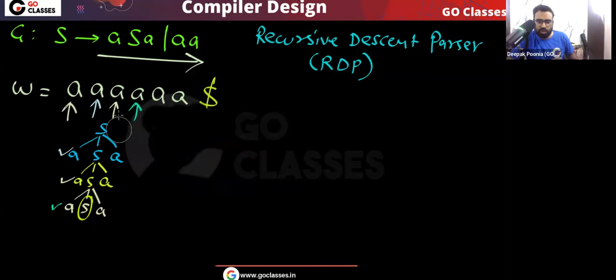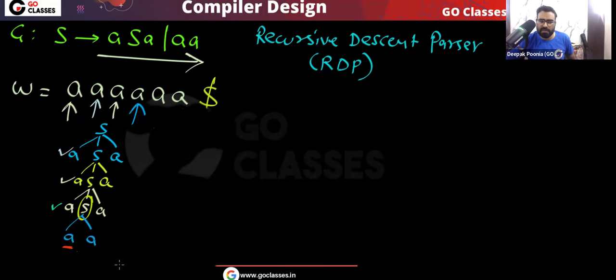On the input also we will go backward. You can see 3a have matched so far, so the current input symbol is a. Now this S will try double a.